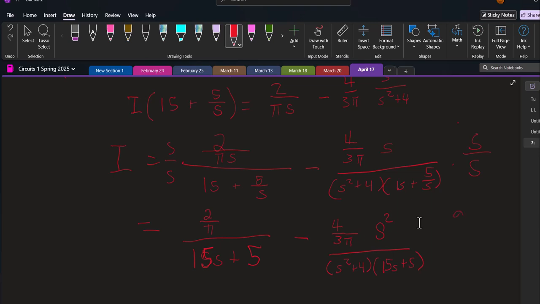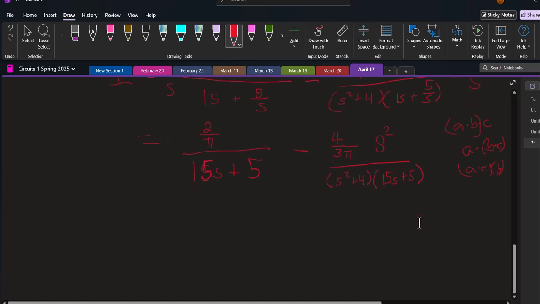Because if I have a times b times c, that's the same as a times b times c, or a times b times c, or I can even do a times c times b. So people want me to distribute it through both parentheses, but you don't do that because they're multiplied, not added. Because then it'd be like c squared. You distribute over addition, not multiplication.